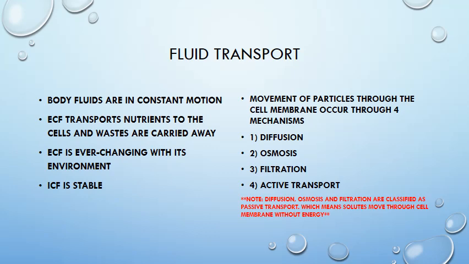So I want to mention that whenever we're going through these slides, don't try to memorize slides and bullet points, but understand why these things are occurring. Does it make sense to you that the extracellular fluid, which we have already determined is the fluid outside of the cell, which includes the fluid in our vascular system, transports the nutrients to and from the cells?